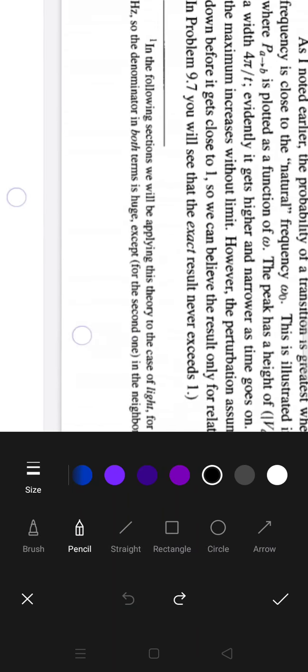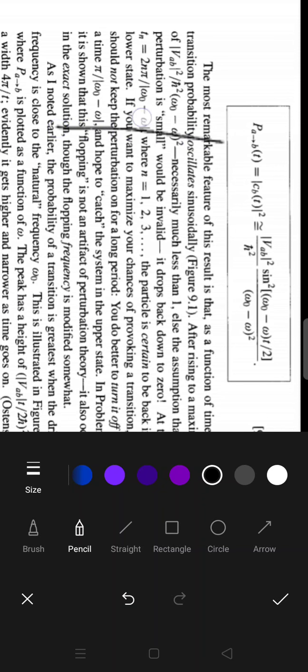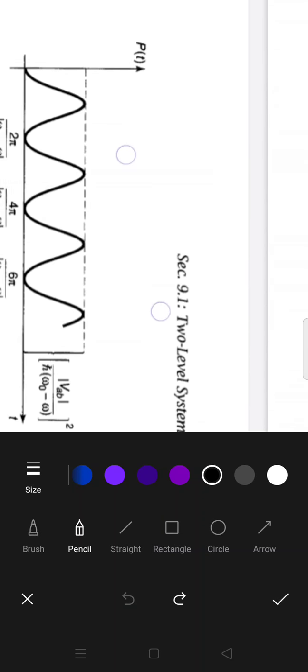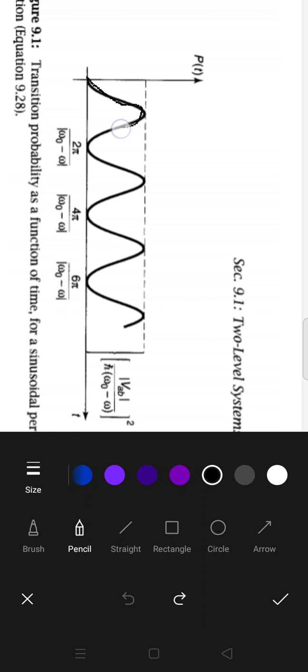You have a square here, so one wave will be on the upside and one wave on the downside of the x-axis. But if we square it, the downside goes to the upside. That's why, since you have sine square here, the graph comes like this.